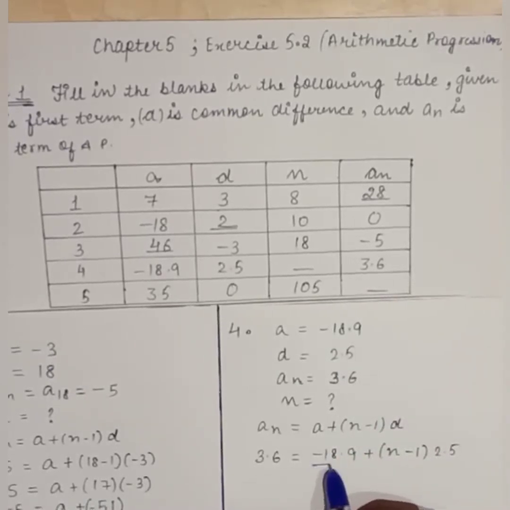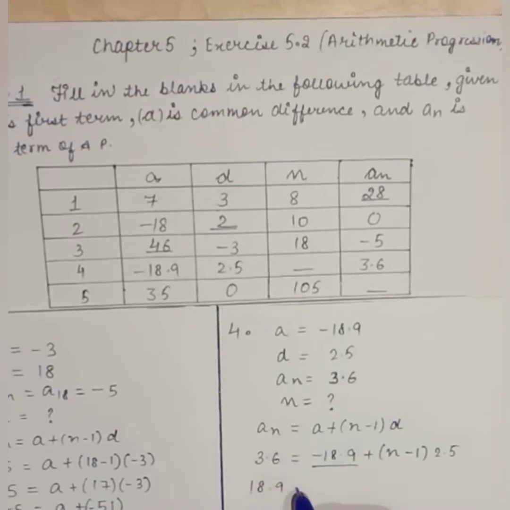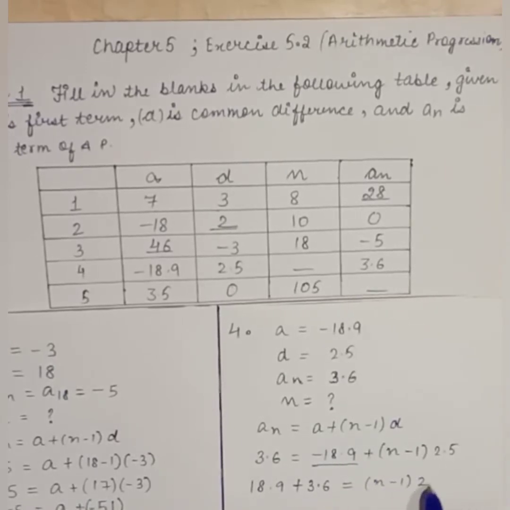Now minus 18.9 will become plus 18.9 on the other side of equality. So we write here 18.9 plus 3.6 is equal to (n minus 1) times 2.5.